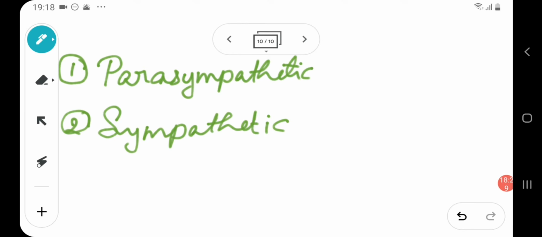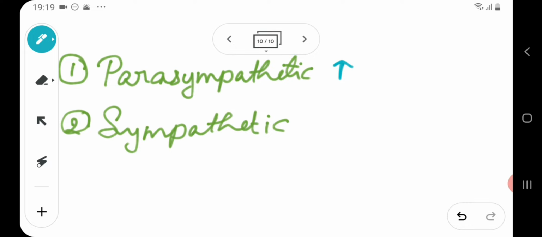Now coming to the parasympathetic and sympathetic nervous systems. First we will see the parasympathetic. When there is vagal stimulation, it normally tends to increase the secretion of insulin.